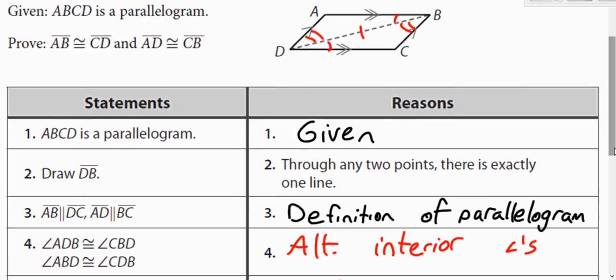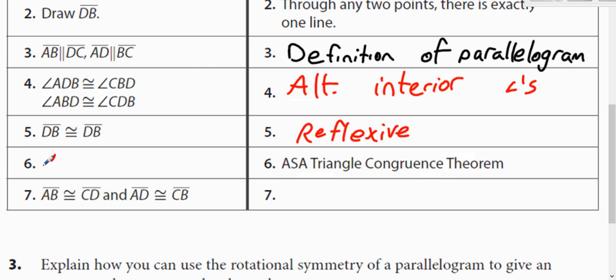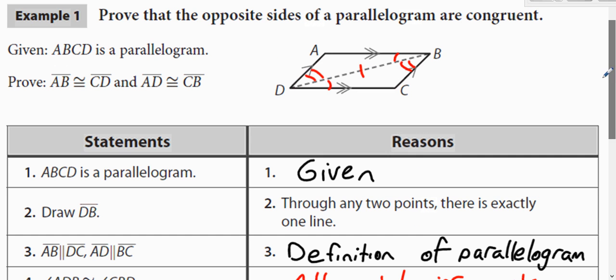So when we drew that line, we cut the parallelogram into two triangles. Those triangles are now congruent because of angle, side, angle. We have two angles and the side in between them.